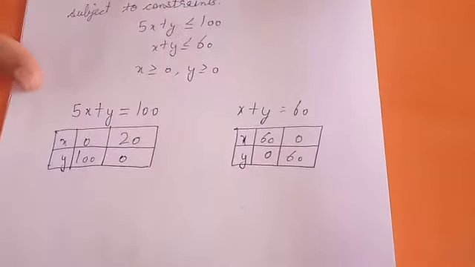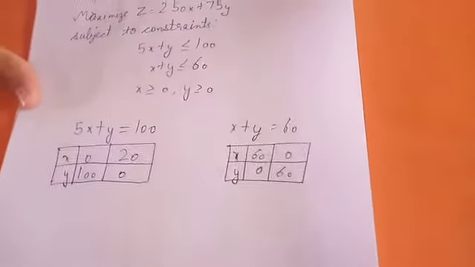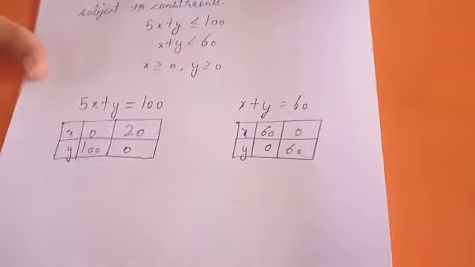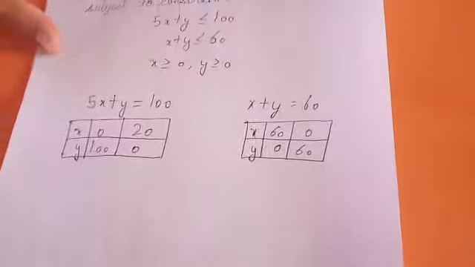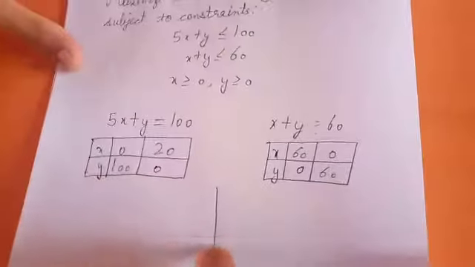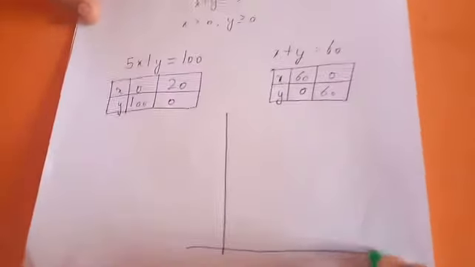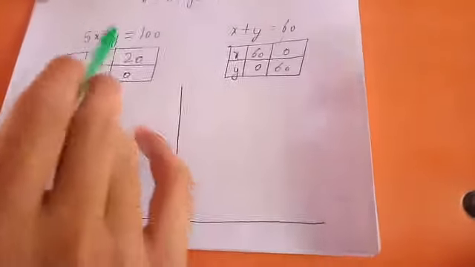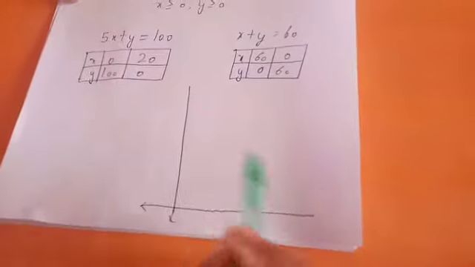Okay, now one more thing is remaining here. First of all we can draw the graph, then we'll talk about that. Our graph will be in this way. It will lie in the first quadrant. Why? Because both our x and y are greater than 0, so they cannot be negative.